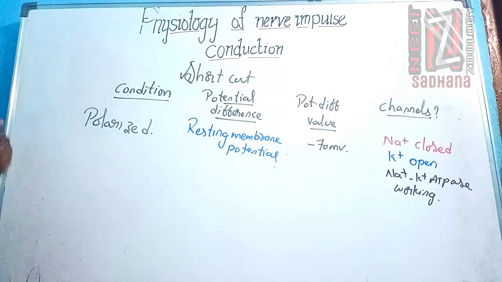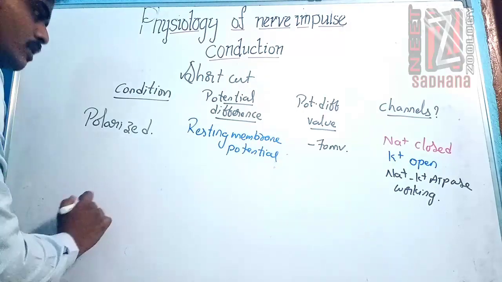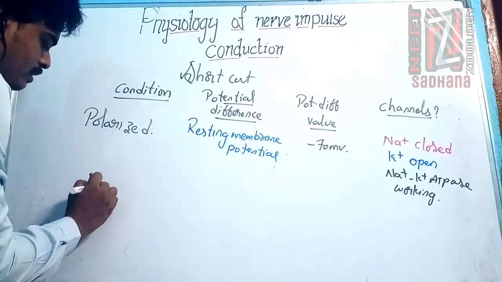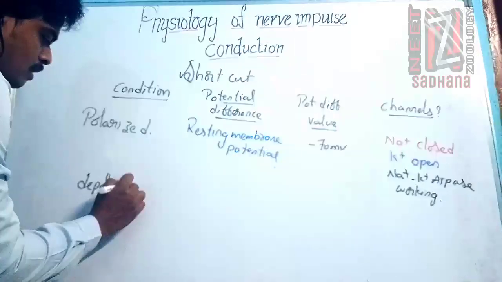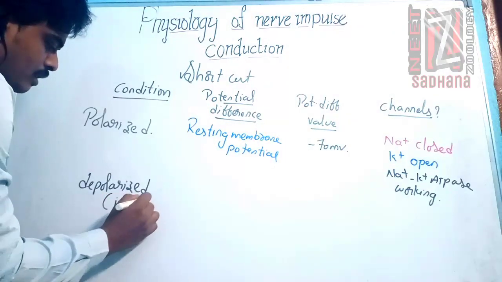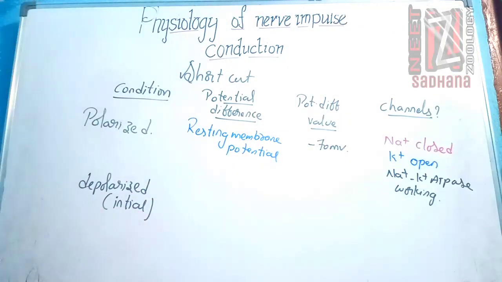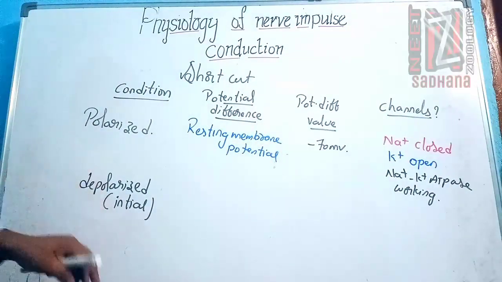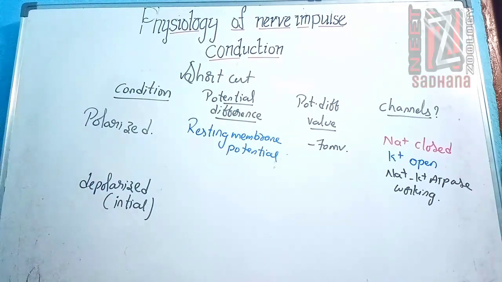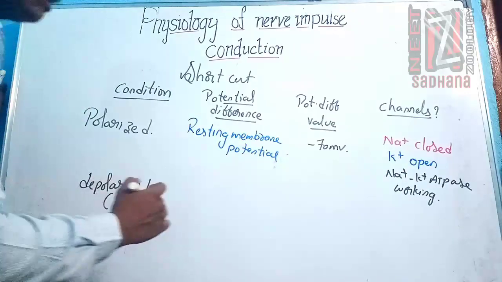Now coming to the next condition, what is the next one called? It is called the depolarized state. But first we'll discuss the initial stages, where the depolarization will start, then we'll go for the final stage. In the initial stage of depolarization, what do you call the potential difference?